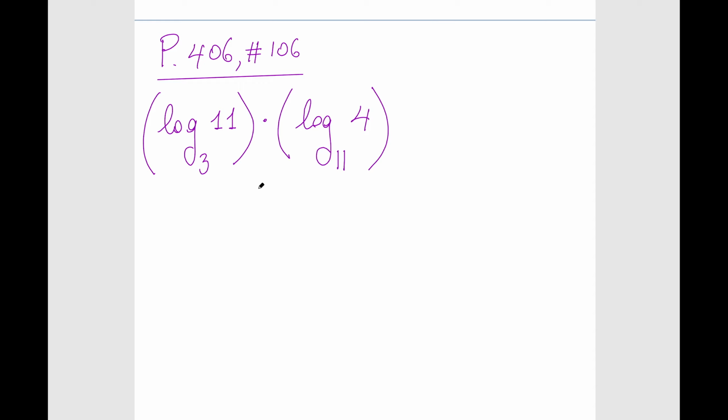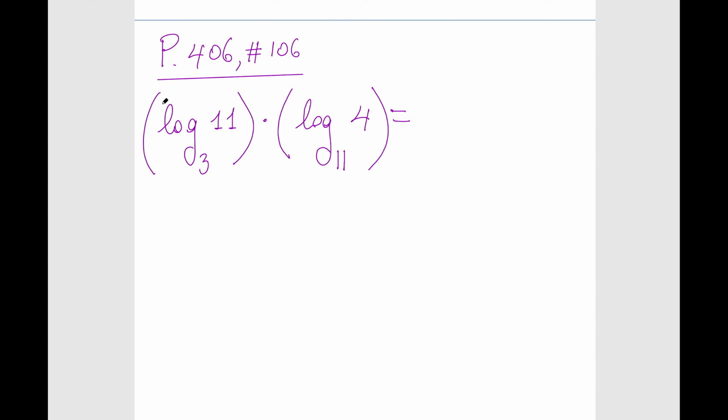One way is rewriting each one using log base e. So we're going to use the change of base.